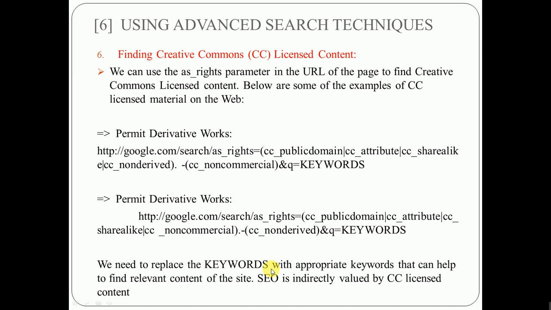So SEO is indirectly valued by the CC license content, and if the appropriate keyword will help to find the content of the site. So this is the thing which can be helpful to the user when they are finding Creative Commons.